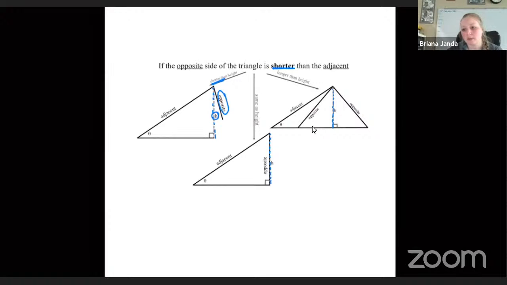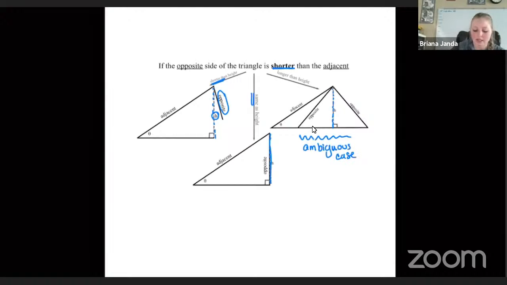There is no triangle to make. You move on, say no triangles. If yours is the same as your height, you get a right triangle as you see here. There's one triangle and we find it like normal. This last case over here is what's referred to as the ambiguous case.